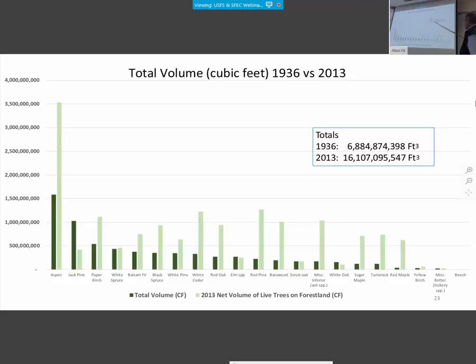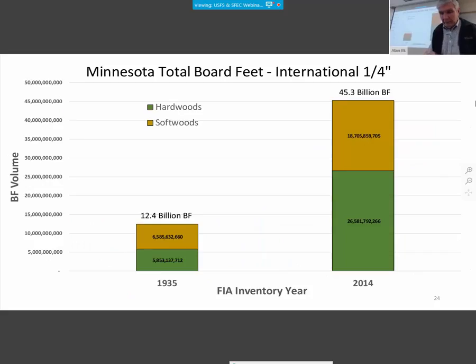The peculiar ones are down here where we just don't have many. Red oak, white oak, we don't have so much. And then jack pine has really fallen off in the last several decades just because it doesn't live that long. So what should I say? Another example of these forests are older and thicker than we have become accustomed to.